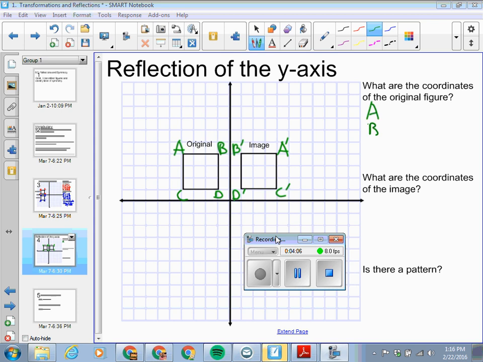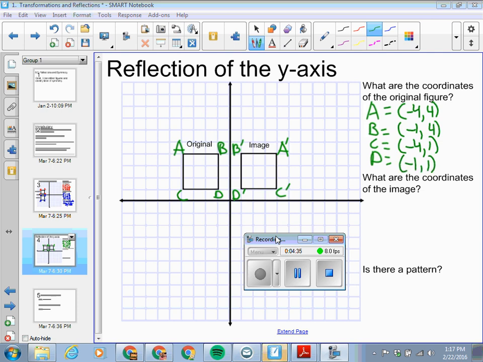So our original coordinates, if you guys want to do this without me, go ahead. Our original A is at negative 4, 4. Our original B is at negative 1, 4. The original C is at negative 4, 1. And original D is at negative 1, 1.